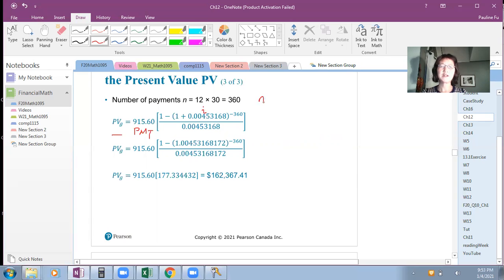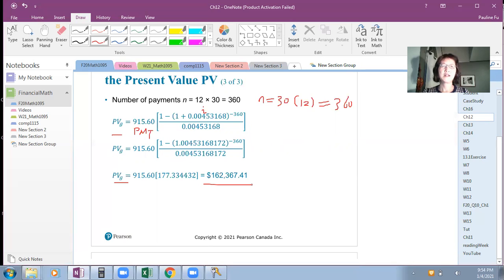Because it is over 30 years, and in 1 year you make 12 payments. So the total number of payments is 360. And then over P. And you get the final present value. So this is method 1, using the formula.